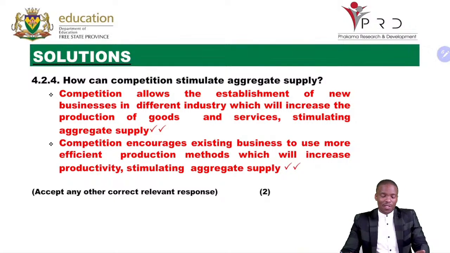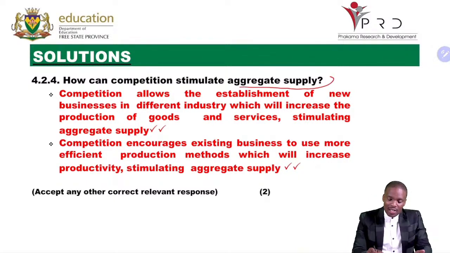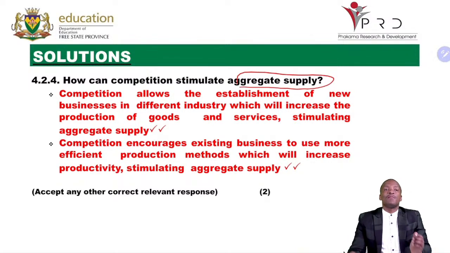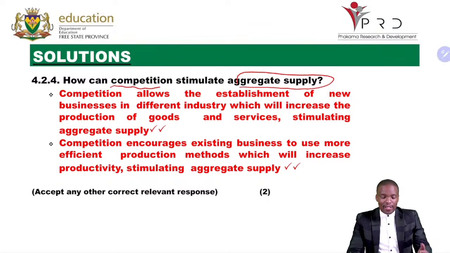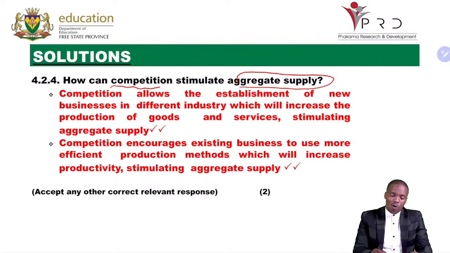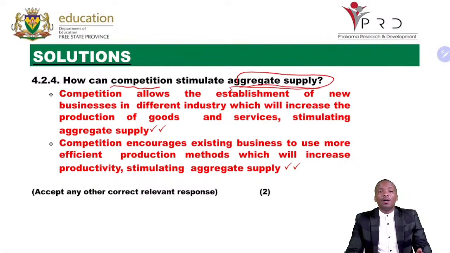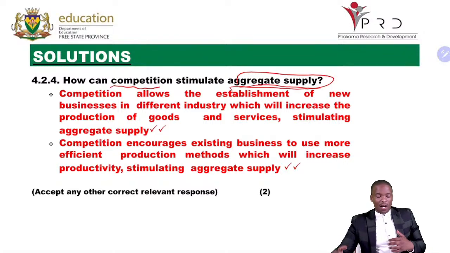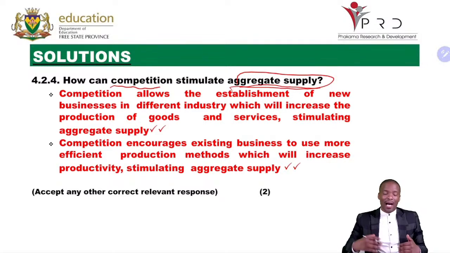Then, how can competition stimulate aggregate supply? Here is a cause and effect relationship question that I was saying. We are looking at competition as a cause on what? On aggregate supply. Effect of that. How does competition stimulate aggregate supply? The cause and effect relationship.